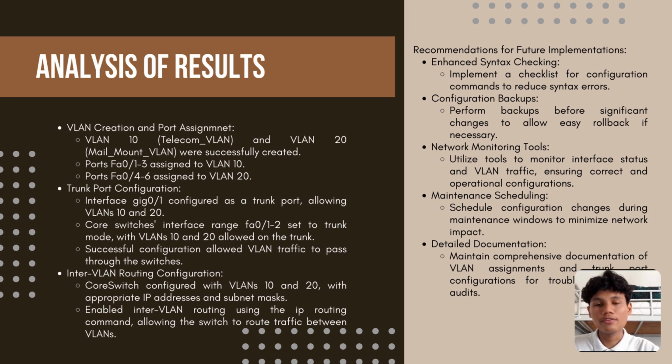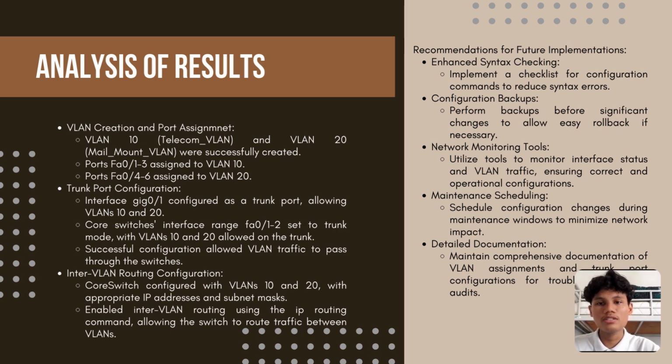While the configuration was successful, we observed brief disruption as the line protocol alternated between up and down. To minimize this disruption, it is recommended to schedule trunk port configuration changes during maintenance windows and use monitoring tools to ensure operational stability after changes.